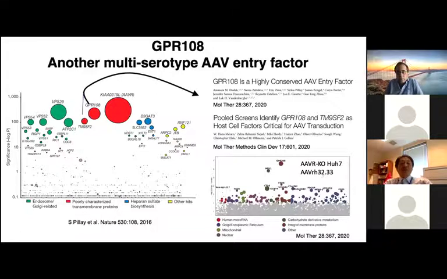If we don't have any important protein knocked out, this virus can transduce the AAVR KO cells. But if you use a CRISPR-Cas9 library and knock out an important protein, now you lose the transduction. By taking that approach, they identified GPR108 as a top hit that is really important for AAV transduction.